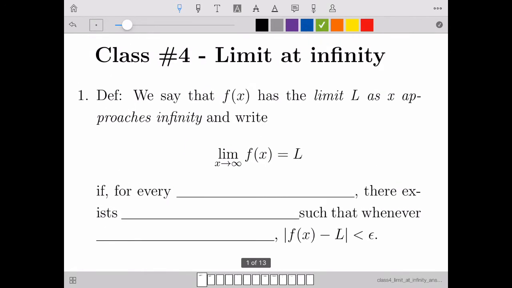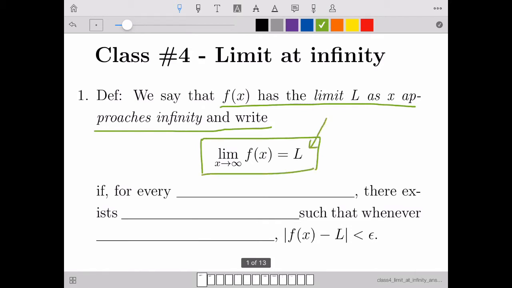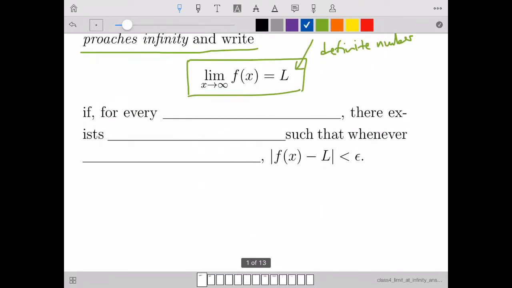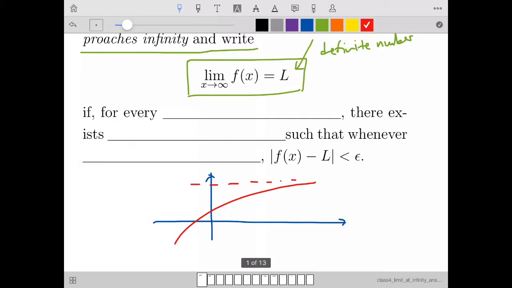We say that f of x has the limit L as x approaches infinity, and write this, where L is a definite number, finite number. When do we say this? If this happens. So if I look at the picture, suppose I have such a graph, okay, and this approaches L.